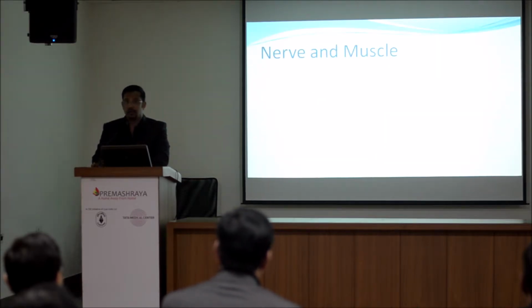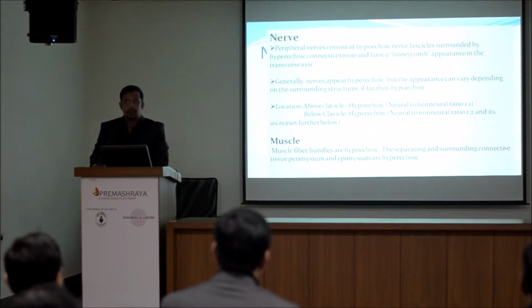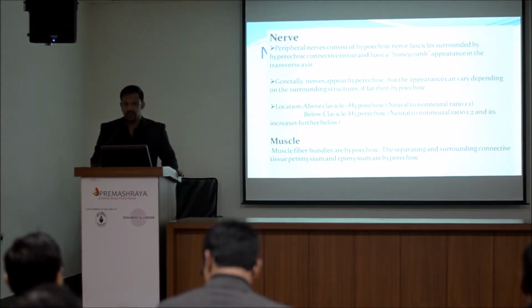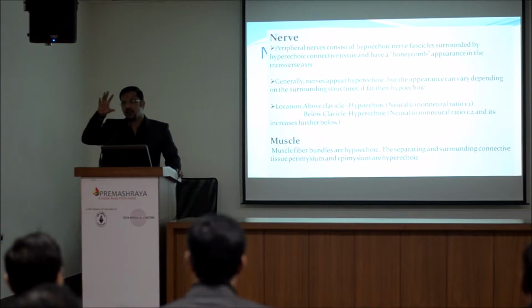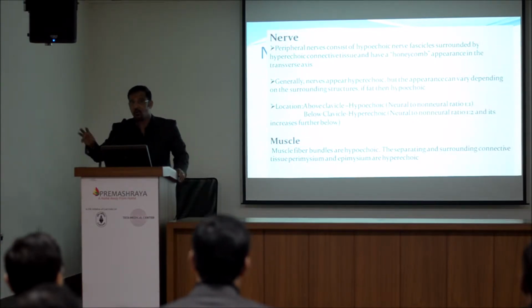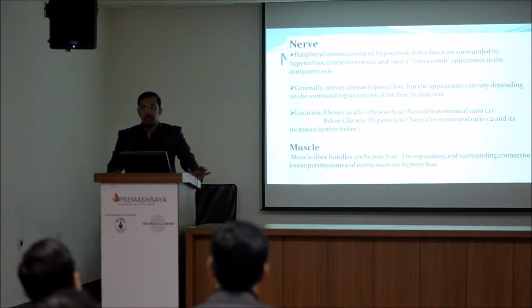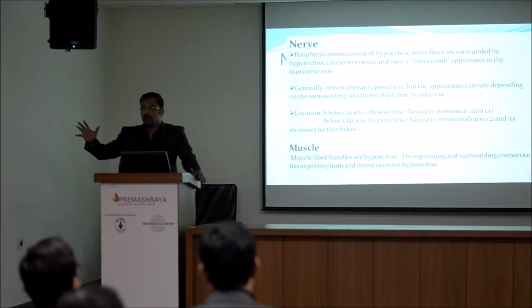So how do the nerve and muscle look? Peripheral nerves are mainly hypoechoic fascicles, but they are surrounded by hyperechoic connective tissue, so they have a honeycomb appearance. Generally, the nerves appear hyperechoic, but it depends upon the surrounding structure.